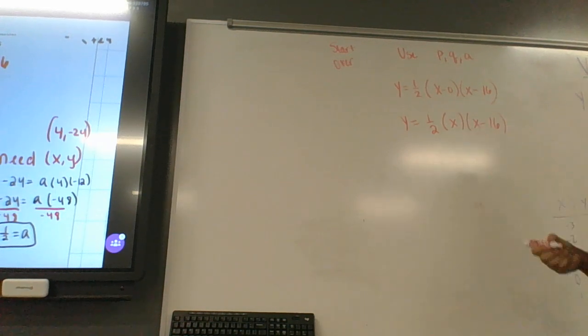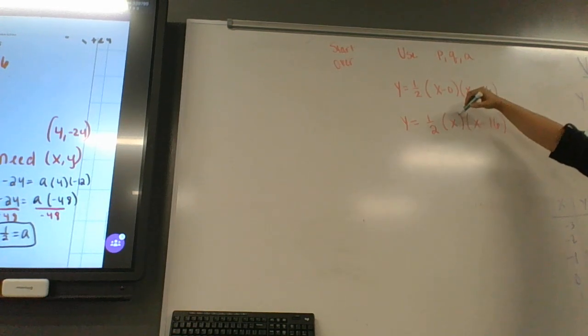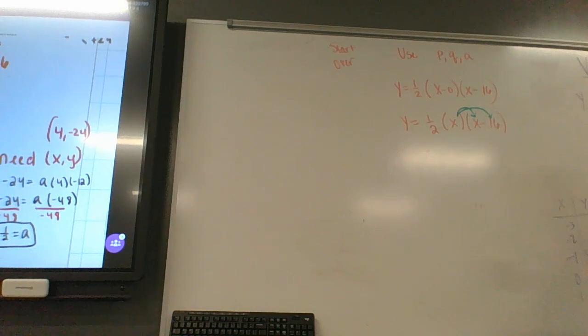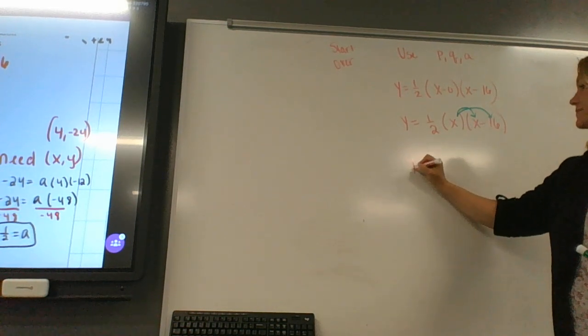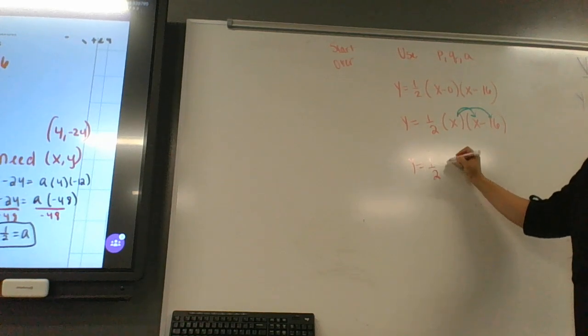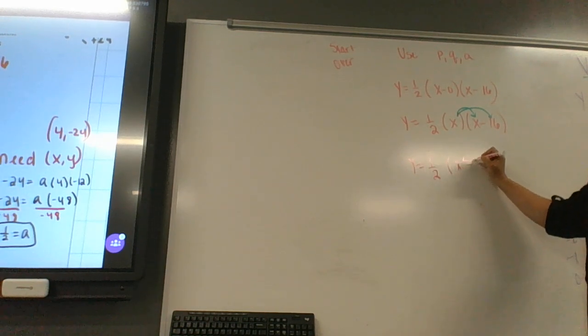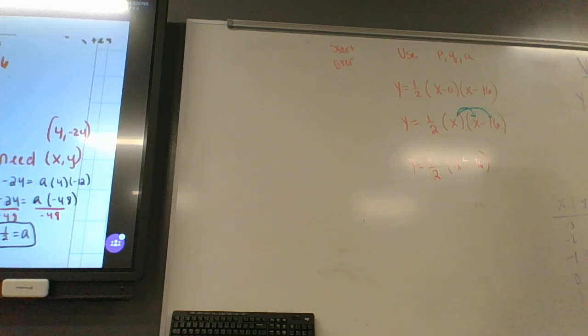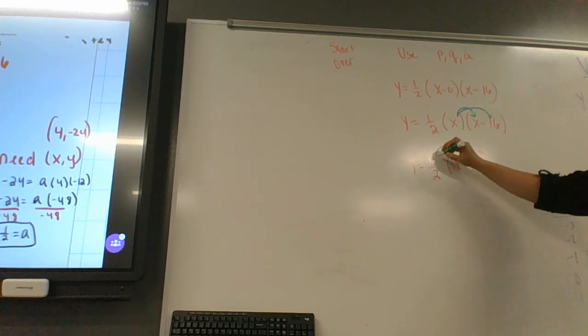That's kind of weird. We don't have to FOIL it when there's a 0. But we do need to distribute. So I'm going to distribute this, just the x instead of like a full FOIL. So that's x squared minus 16. And then one more time.